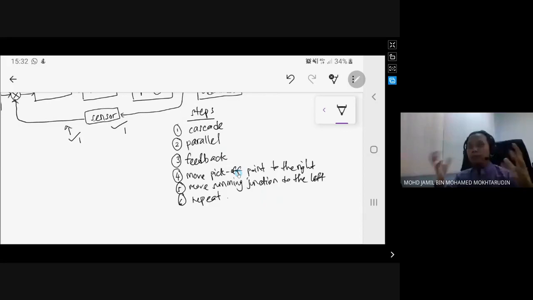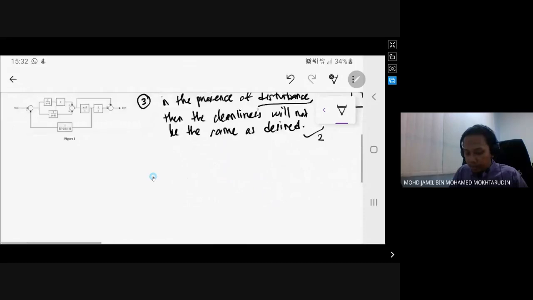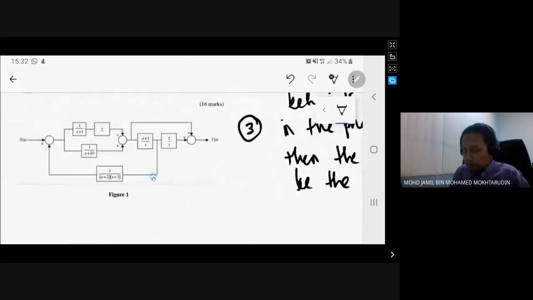If you move to the right, you actually simplify the system more compared to moving the pick off point to the left. So just follow the steps. Even though sometimes you feel that moving it to the left is the best way, it actually complicates the system.